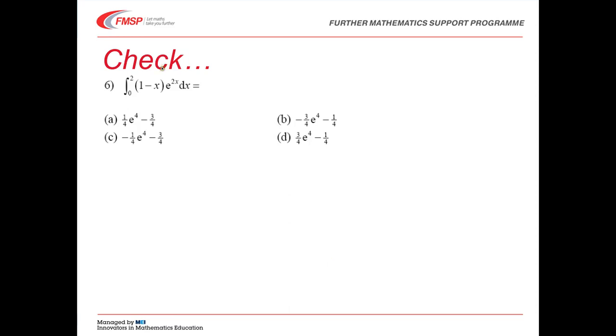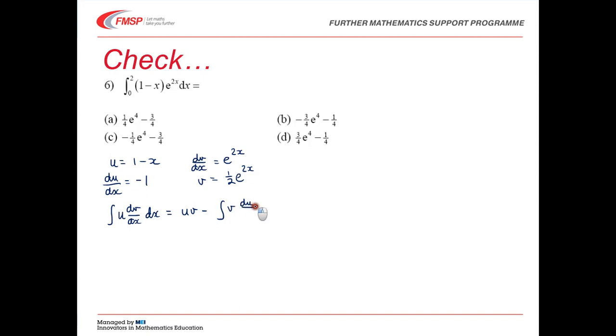Okay, assuming you've had a go at this, let's have a look at the solution. u is 1 minus x, so du by dx is minus 1. dv by dx is e to the 2x, so v is a half e to the 2x. So my formula, u dv by dx, uv minus v du by dx.